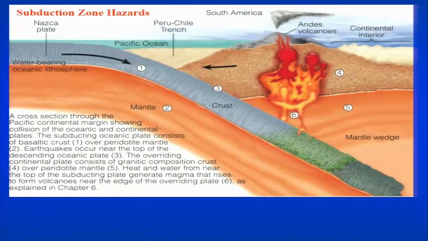So I have already explained that if you have the oceanic plate subducting below the continental plate, then you will have one hazard, which is volcanic eruptions. Another is that if this moves and we have water on top of it, then along with the earthquakes, which will be mega earthquakes, we will also have a tsunami, because there will be a disturbance of the water column which is sitting on top of this.